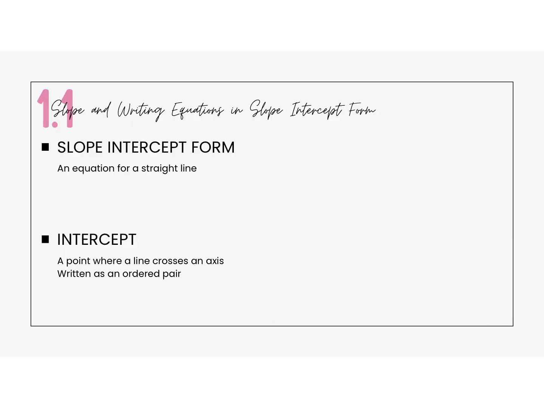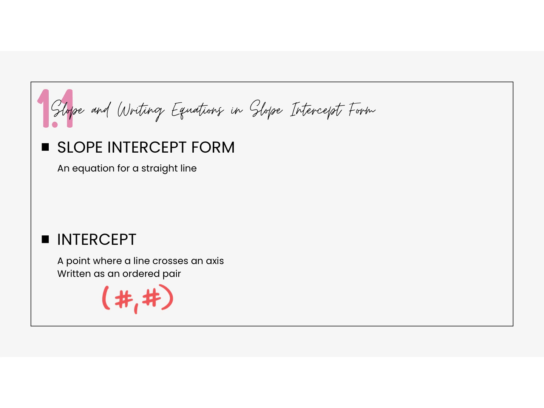Okay, now we're going to just talk about slope-intercept form. This is just one form of an equation for a straight line. And then the intercepts, we're going to talk specifically about the y-intercepts, are points where a line crosses an axis, and we write it as an ordered pair. So an ordered pair means a number, comma, number within those parentheses.